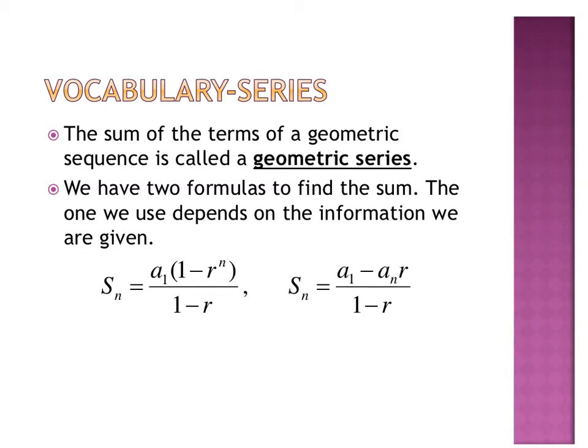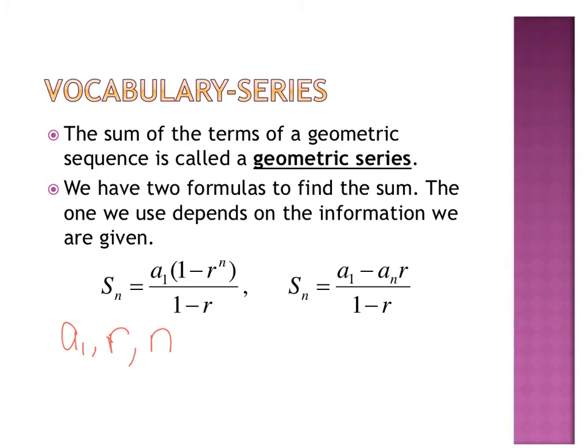So in the first one, the equation is Sn equals a1 times 1 minus r to the nth power divided by 1 minus r. So the important information I need to use this equation is a1, r, and n. Those are the three variables I need to find S, the sum.